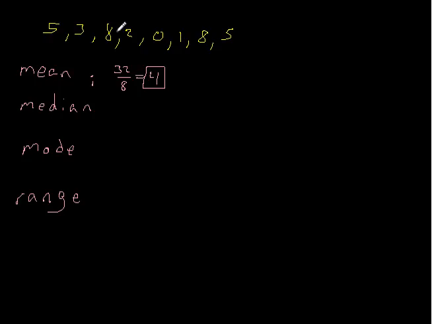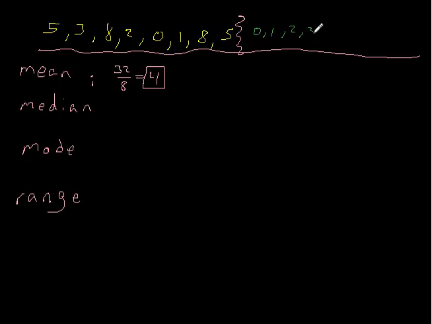And the median, I take the entire data collection of values here, and I'm going to order them from least to greatest. So let me just clean this up some, break this off here, and now over to the right, I'm going to reorder these numbers in green from least to greatest. So I've got 0, 1, 2, 3, 5, 5, 8, and 8.